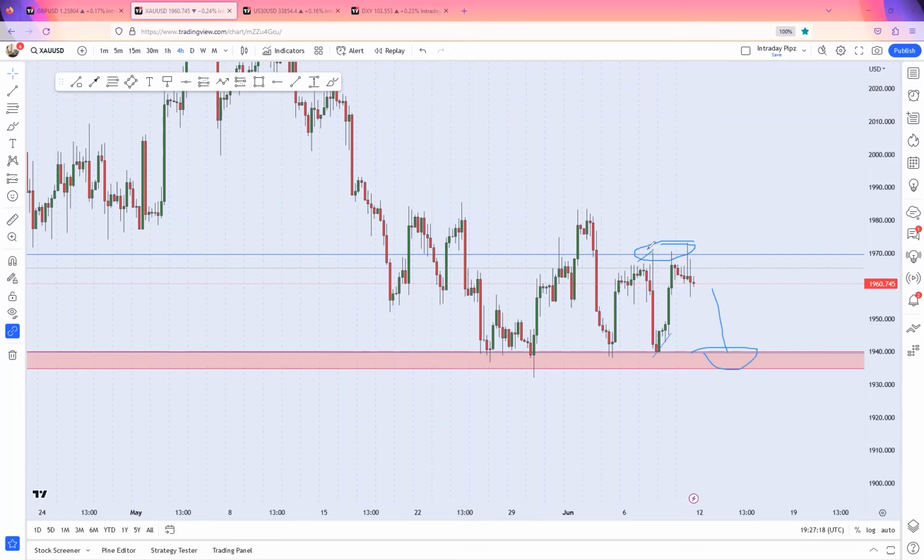So price rejected first, rejected second, and this has been the third time price has rejected around that area. So this is a significant level to watch out for. If this area is taken out, we should see a smooth drop back into the zone before we can look out for a further drop downwards.